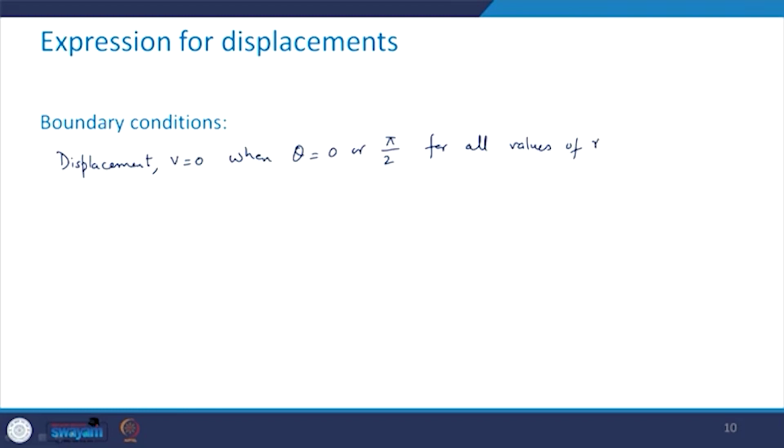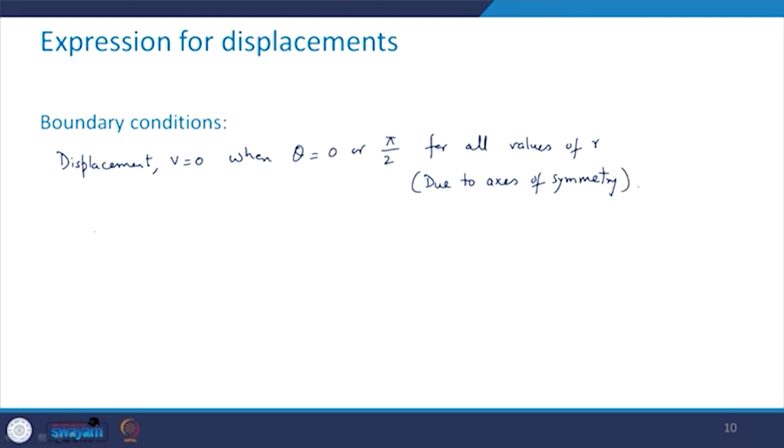Now what is the reason behind this? It is due to the axis of symmetry.